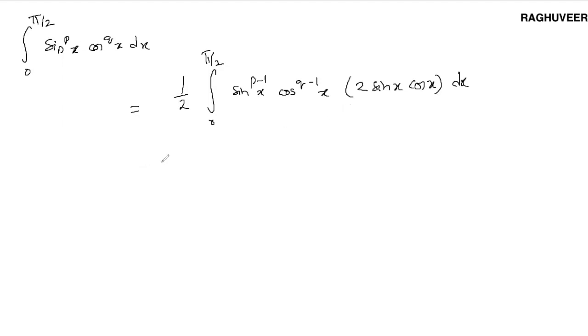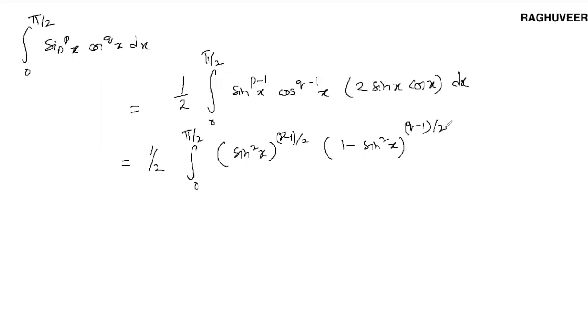Now this is equal to 1 by 2 integral 0 to pi by 2 sine square x to the power p minus 1 by 2, 1 minus sine square x to the power q minus 1 by 2, 2 sin x cos x dx.